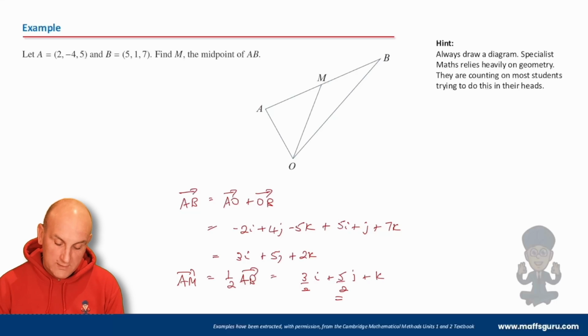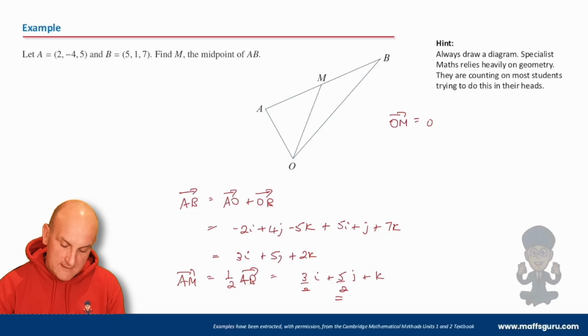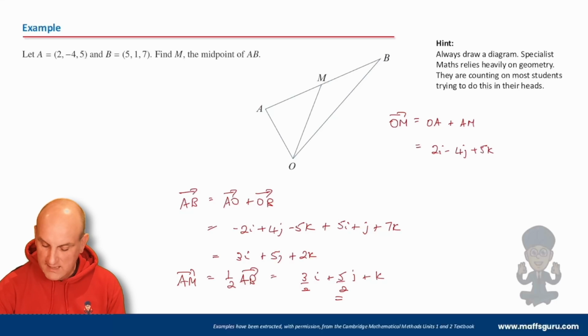All right, so we now know that O to M is O to A plus A to M. Well, O to A is 2i minus 4j plus 5k, plus A to M, which is 3 on 2 i plus 5 on 2 j plus k.